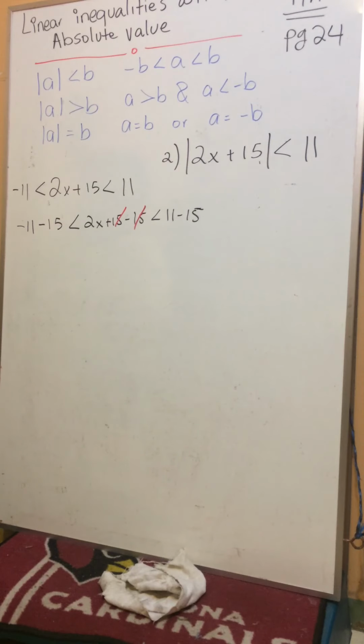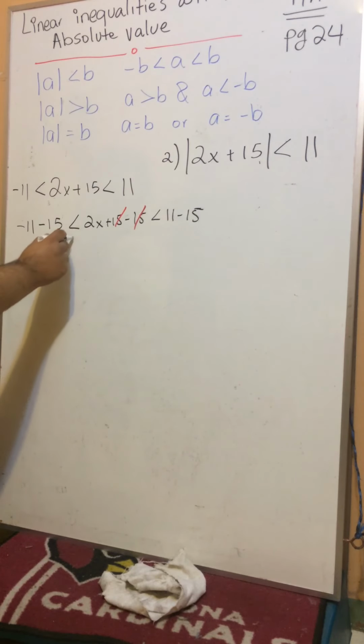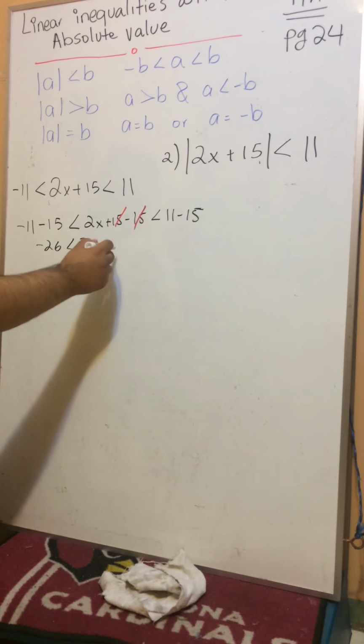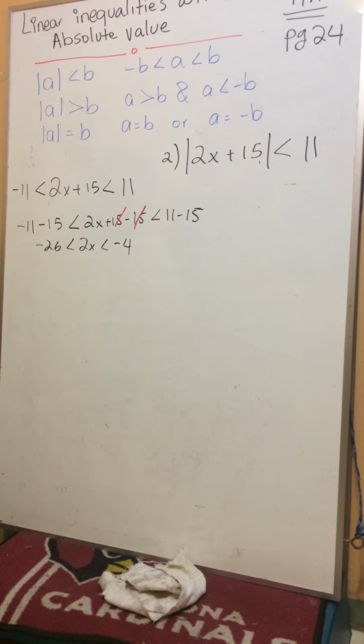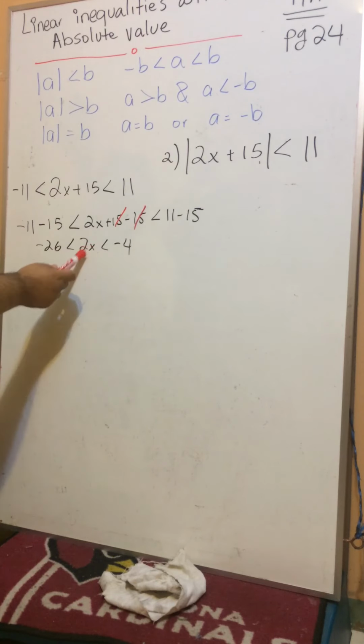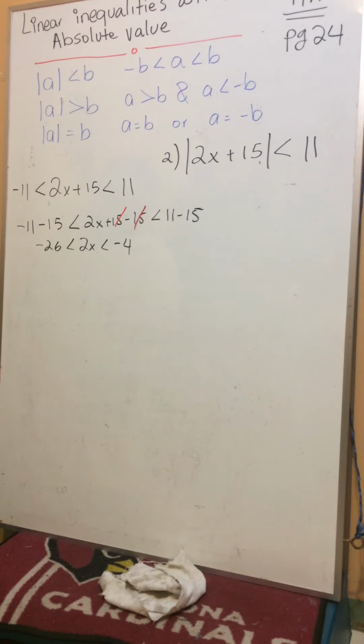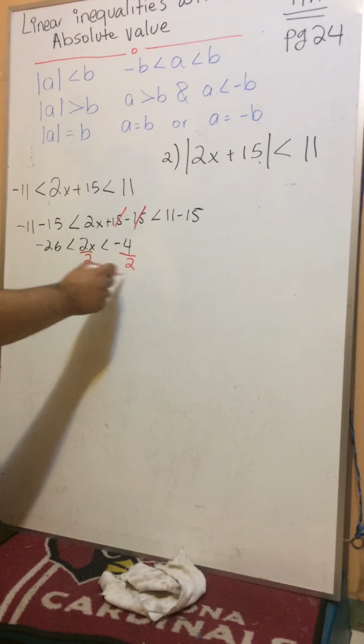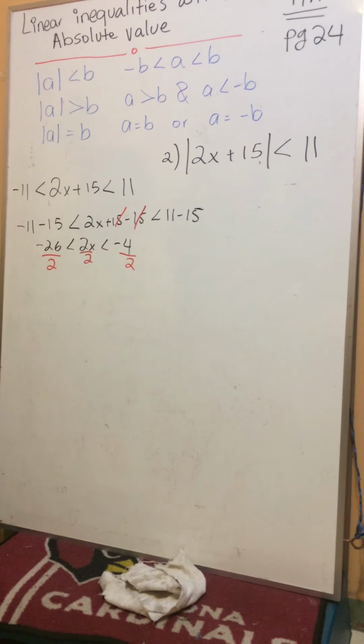Minus 11 minus 15 is going to be minus 26. Then we have the 2x, and then we have 11 minus 15, which is going to be minus 4. Now this 2, we have to get rid of it. If I divide here by 2, I have to divide here, and I have to divide here.